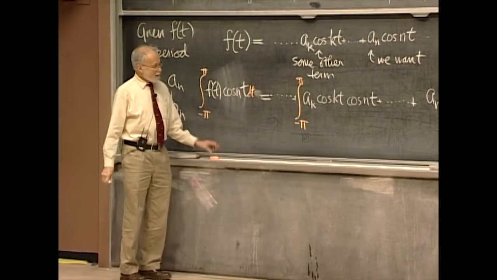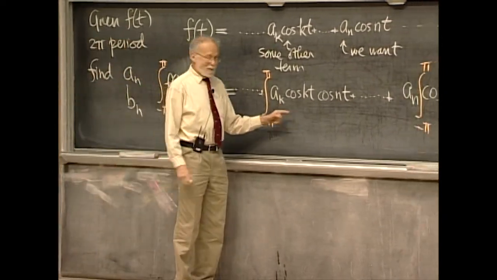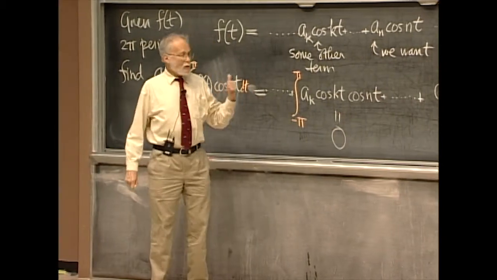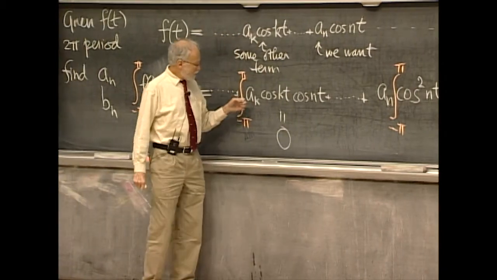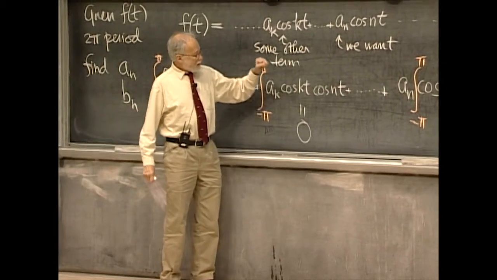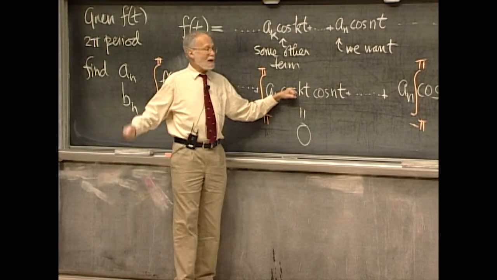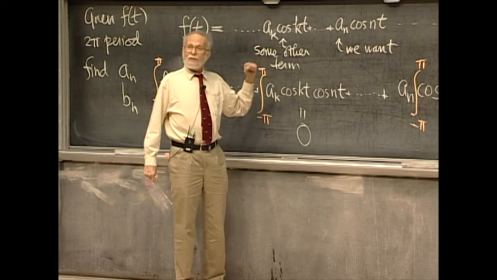And now what happens? What's this? 0. Every term is 0 because of the orthogonality relations. They're all of the form a constant times cosine nt times something different from cosine nt: sine kt, cosine kt, or even that constant term.